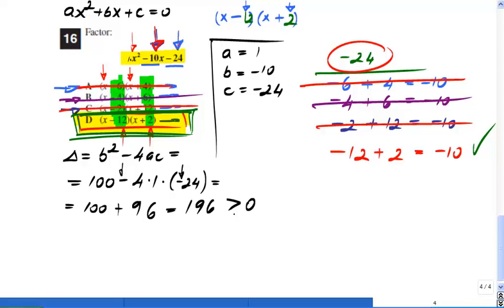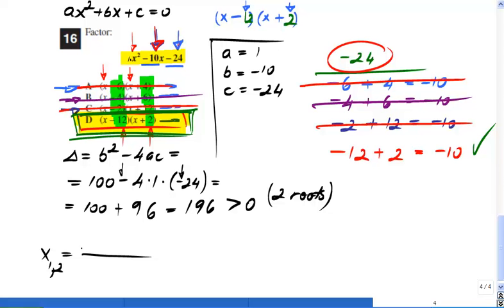And because this one is greater than 0, you may say, yes, I have two solutions, right? I've got two roots. Remember, in quadratic, when you talk about roots, you talk about solutions. Roots and solutions are the same. Now you move on and find what your solutions are.